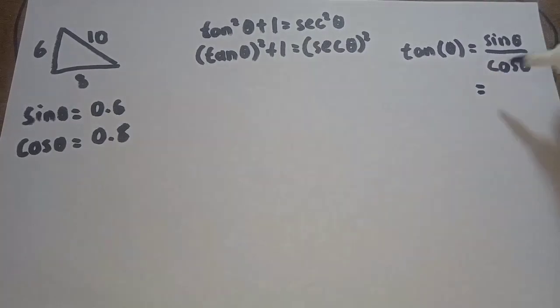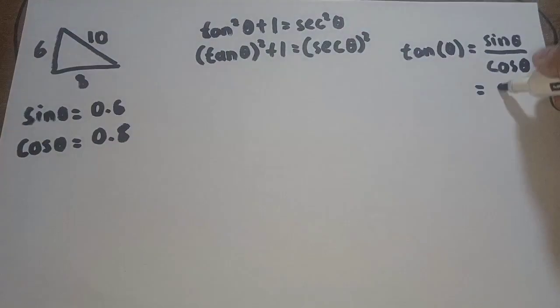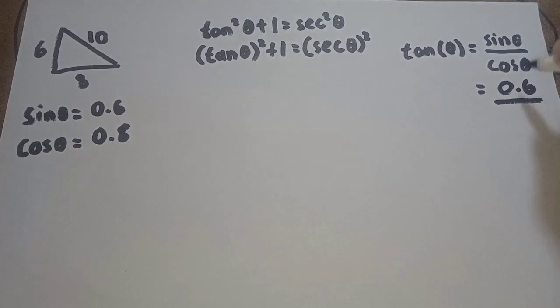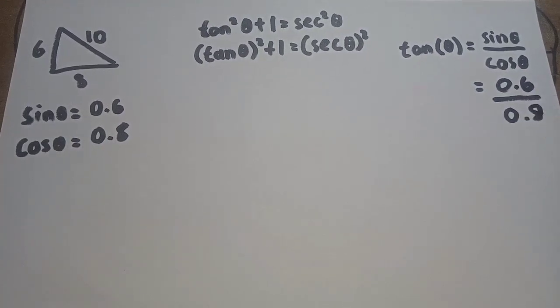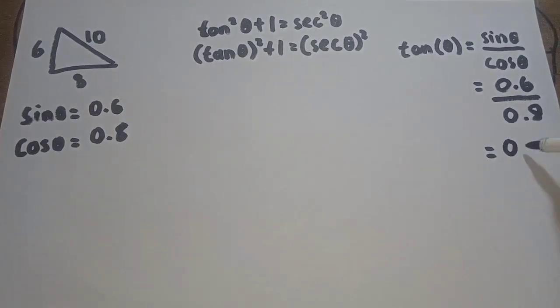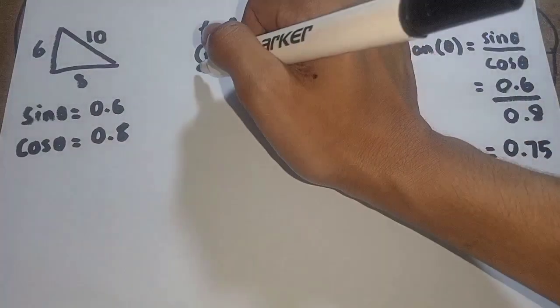Let's substitute the values of sine theta and cosine theta. Tan theta is equal to 0.6 over 0.8, which is equal to 0.75. Our tan theta is 0.75.